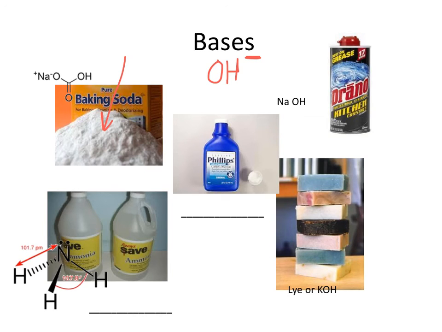It's NaHCO3. And you know, if you take baking soda and vinegar and mix it together, a neutralization happens and you get a lot of fizzing, a lot of carbon dioxide produced, and it's a classic volcano chemistry experiment.